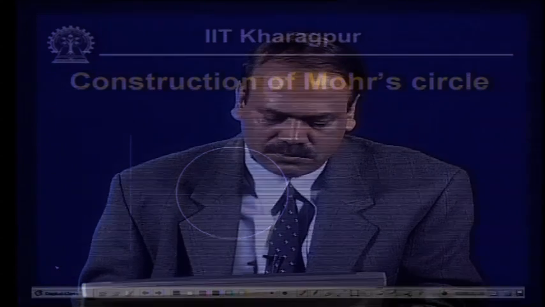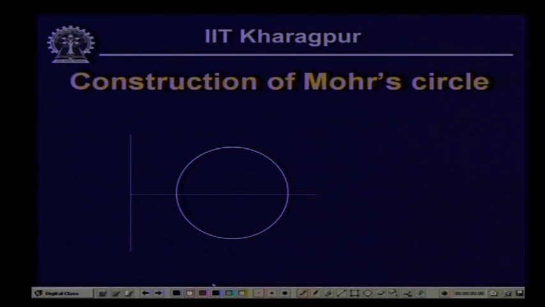Now, let us look into how to construct the Mohr circle based on the given state of stress. Let us say that in a stressed body we know the stresses sigma x, sigma y and tau x y.